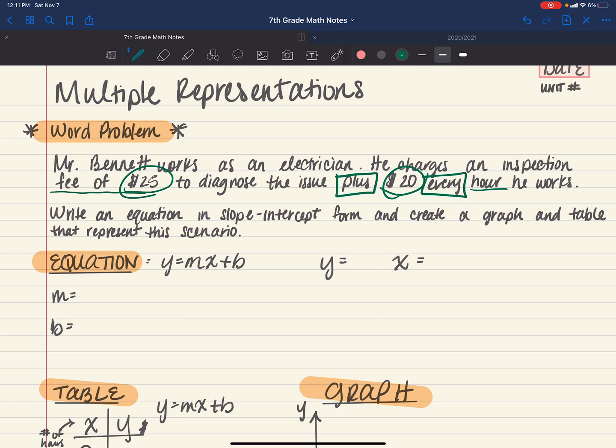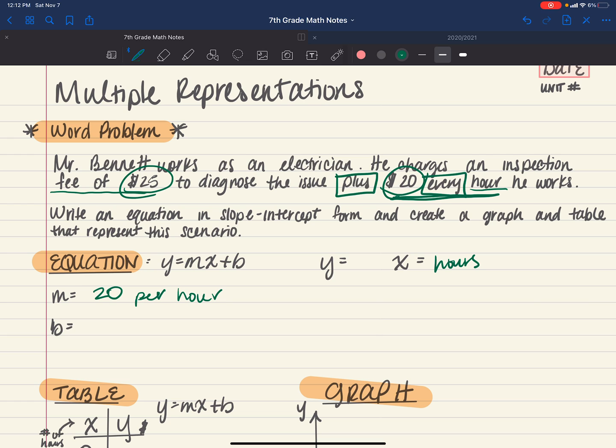The $20 every hour, that's $20 per hour. That would be my multiplicative number.